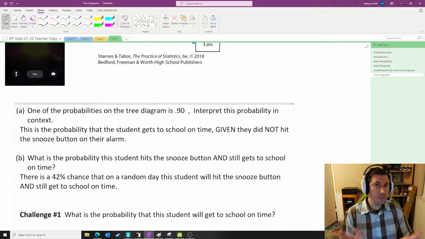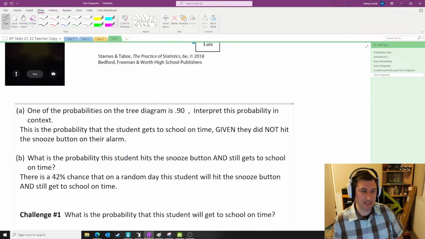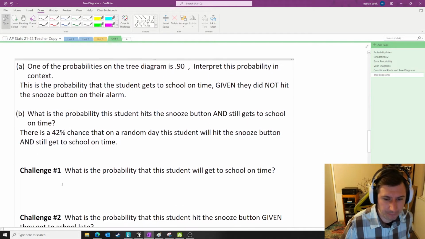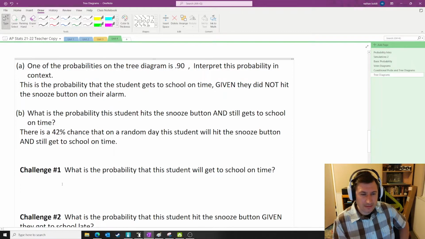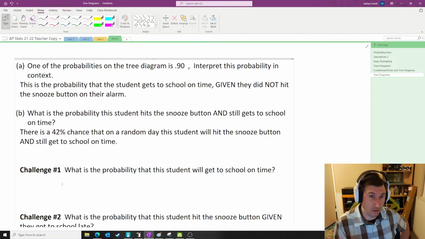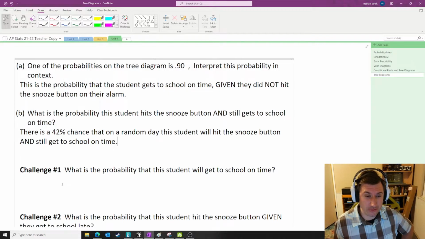All right, those are pretty easy, aren't they? That's one reason why the tree diagram is pretty nice. Conditionals are right there for you, and joint probabilities are pretty darn easy. All right, time for some challenges. What is the probability that this student will get to school on time? Oh, so we're taking out the snooze button.